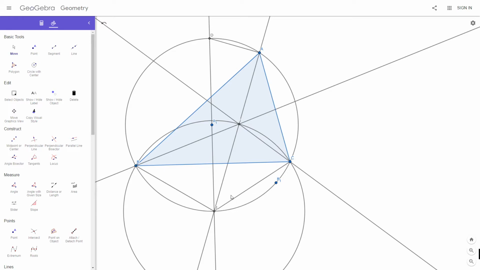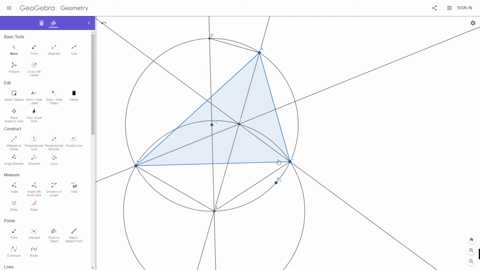Now BCS is equal to BAS, which is equal to half of angle at A, and ICB is equal to half of angle at C, which means that ICS is equal to half of angle at A plus half of angle at C.